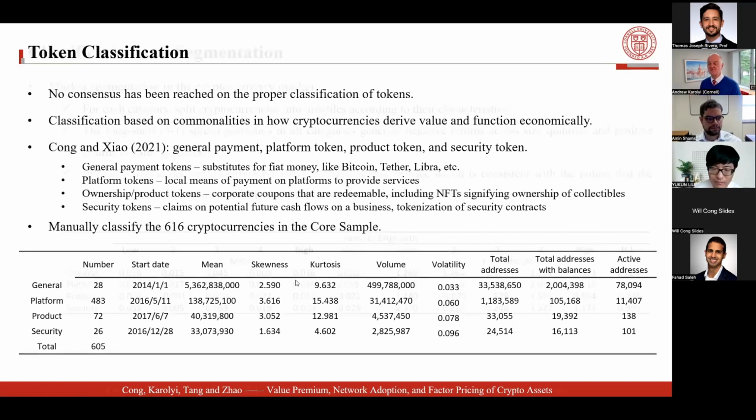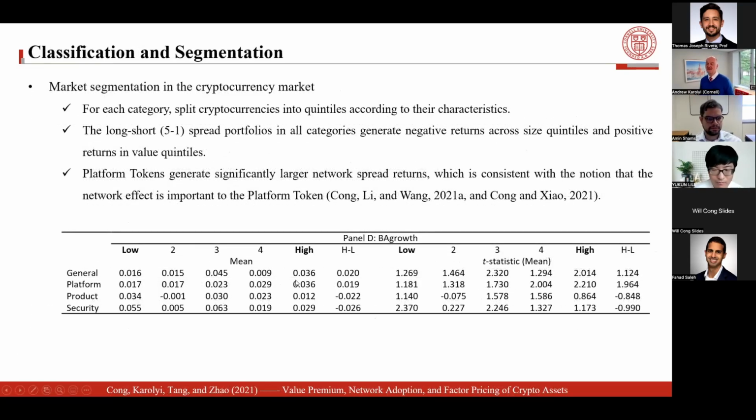So what we do is we run these types of international asset pricing experiments. This one's just going to give you a little flavor. Let's do that experiment on network effects, but let's look at how different it might be across different subcategories: the general payment versus the platform tokens, the product tokens, and security tokens.